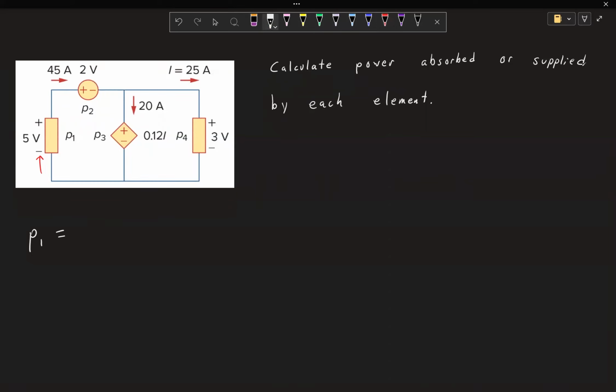So that means P1 equals negative 45 times 5. And that is equal to negative 225 watts.